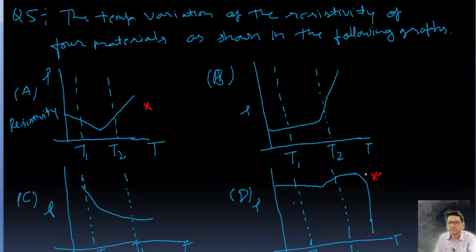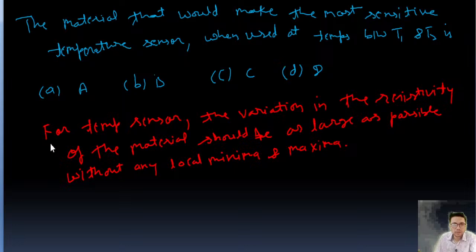Now look at these two. Here you can see there is a huge variation, but from here to here it is almost constant. This is what the statement is saying: for the temperature sensor, the variation in the resistivity of the material should be as large as possible without any local minima and maxima.